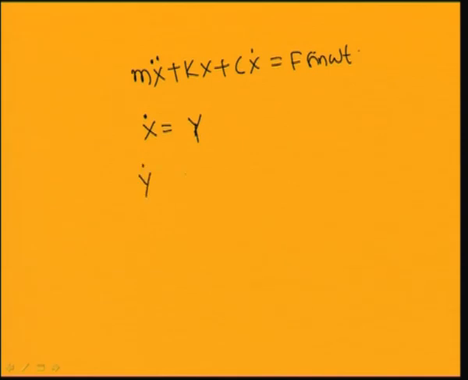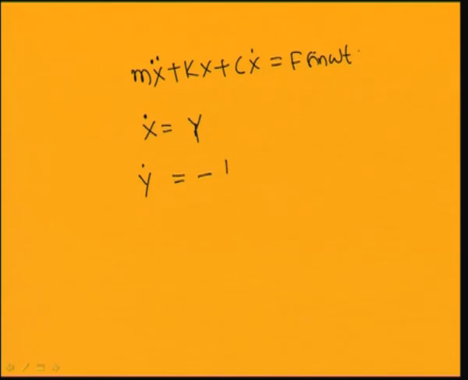So, we have taken a system in which we have applied a force like this: m x double dot plus c x dot plus k x equal to f sin omega t. To use the Runge-Kutta method to find the response numerically, you can write this equation in terms of two first order equations. The first equation is x dot equal to y, and the second is y dot, which will be equal to x double dot.